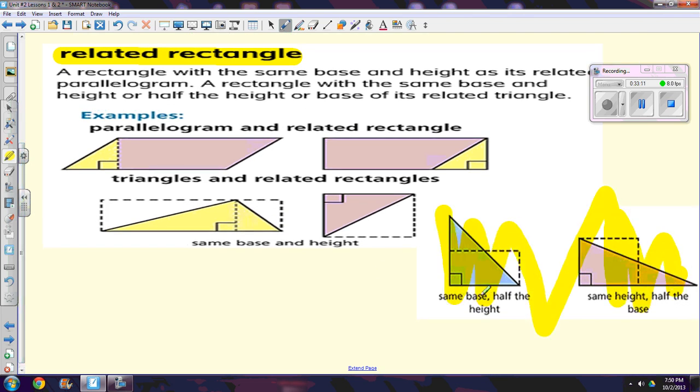Same base, half the height. Okay, same base, half the height, same height, but half the base. So they would be considered related. One has the same base, but half the height from here to here. This one has the same height here to here, but then it has half the base here to here, or here to here. So copy those two examples down, please.